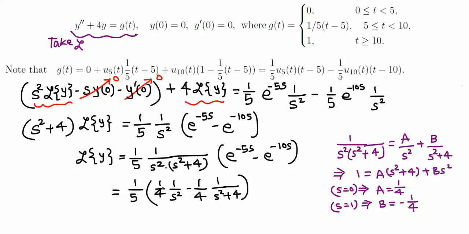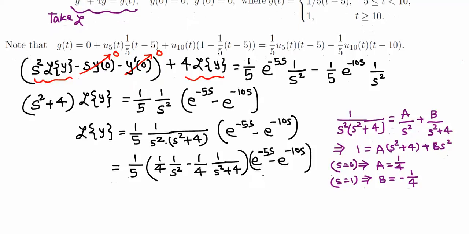Okay, and now we know how to take the inverse Laplace of these two, times e to the negative 5s minus e to the negative 10s. We got a product, but there is no product rule for Laplace transform, so we need to distribute this to these two terms.